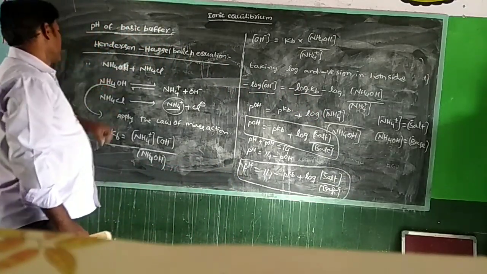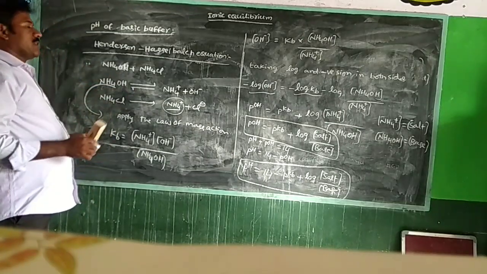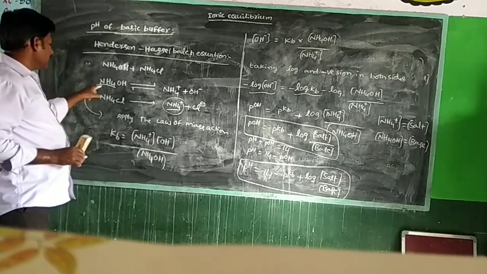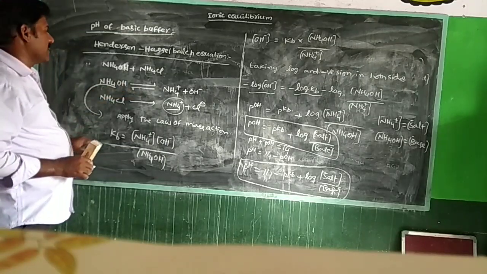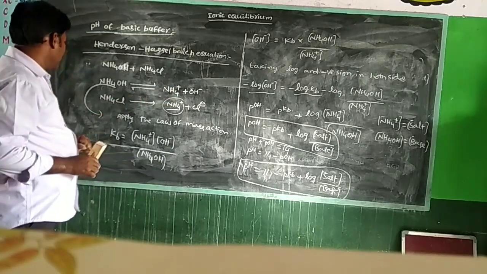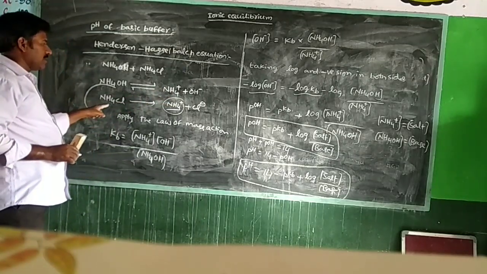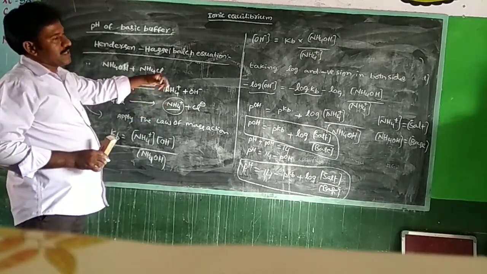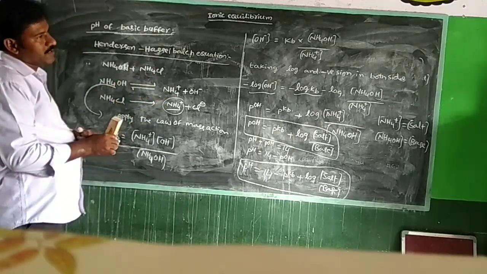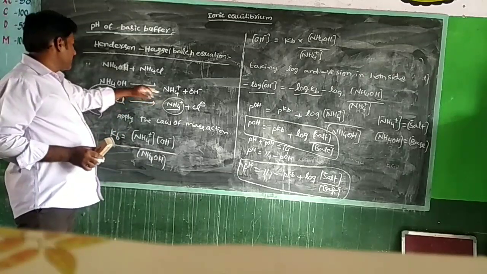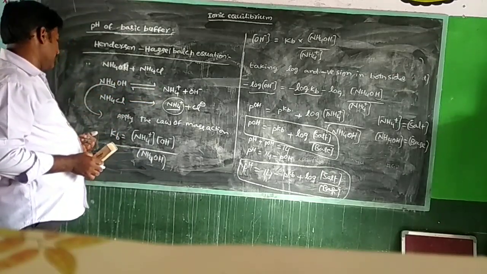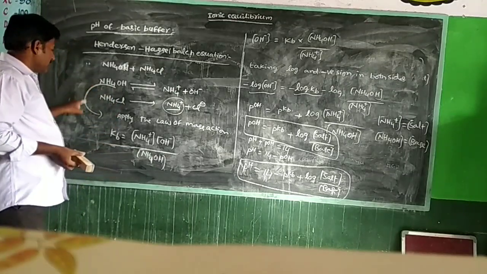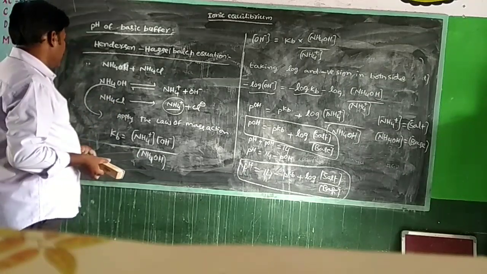Here the basic buffer is prepared as NH4OH plus NH4Cl, and NH4OH is dissociated to give NH4 plus and OH minus ions. If we add the strong electrolyte to get NH4 plus, the common ion is present. Here common NH4 plus is added to the NH4OH, so the equilibrium will shift in the backward direction. To find the pH and pOH values, first apply the law of mass action.